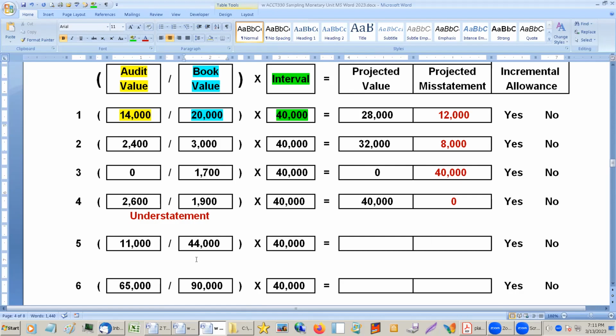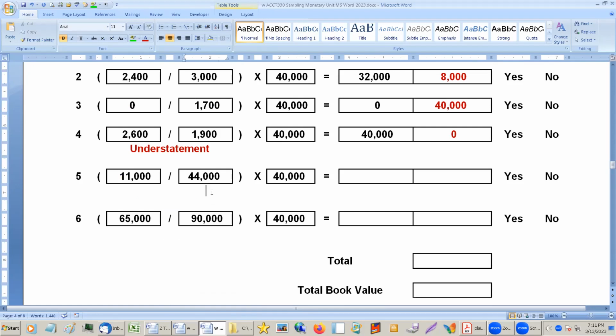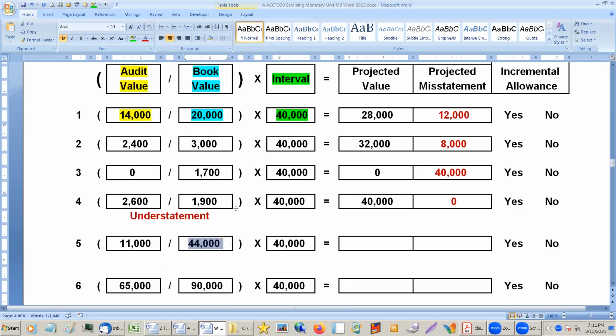Okay, these last two fall in the same category. You'll notice that the book value is greater than the interval.